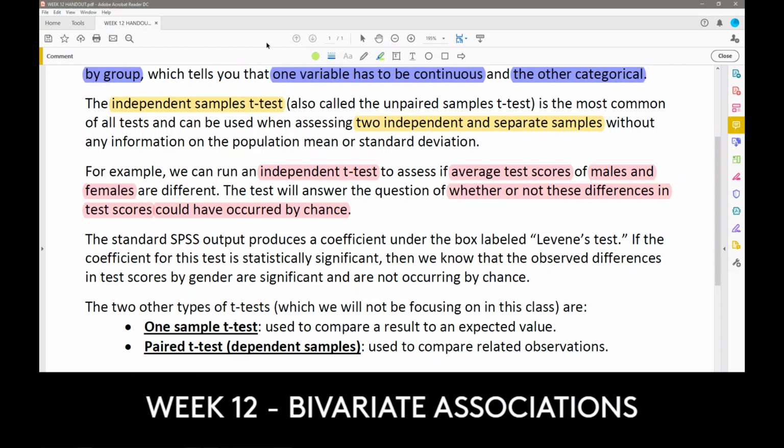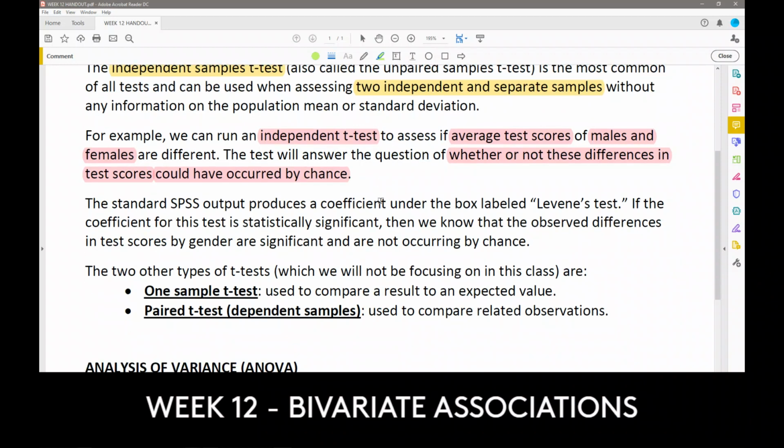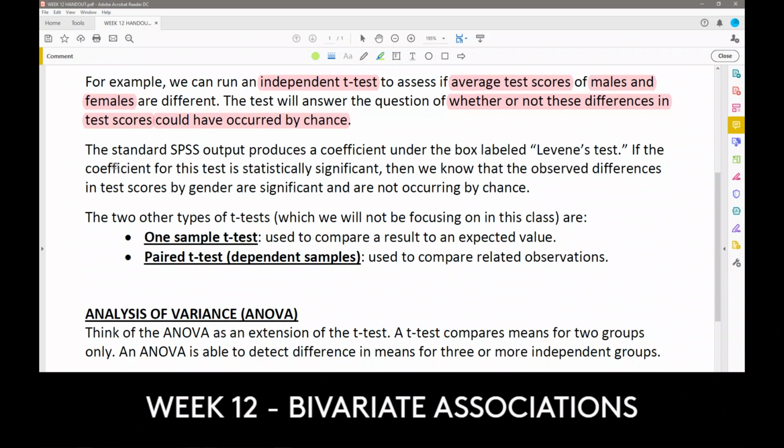Now when we run a t-test in SPSS, SPSS is going to spit out standard output with information inside a box labeled the Levene's test. The Levene's test is just one of the standard tests that we use to do the calculations for the t-test.